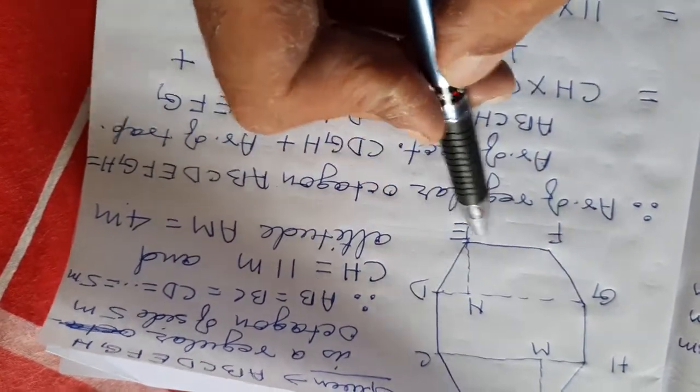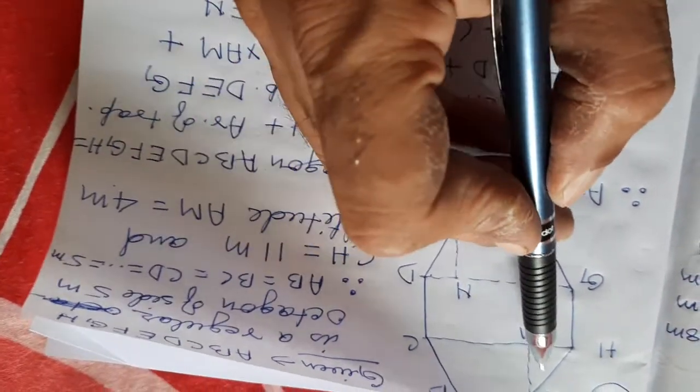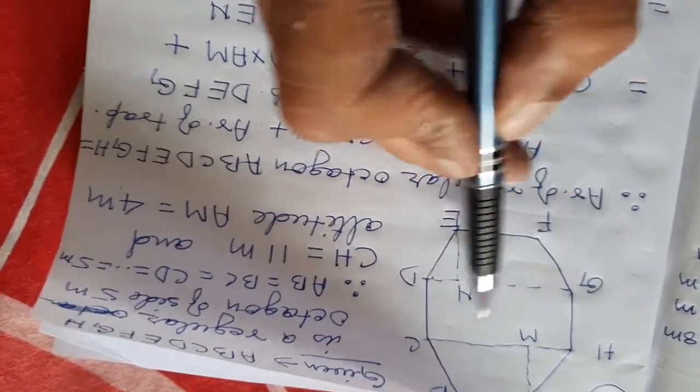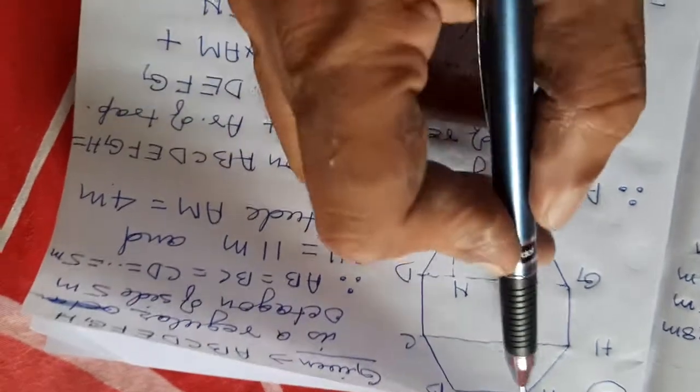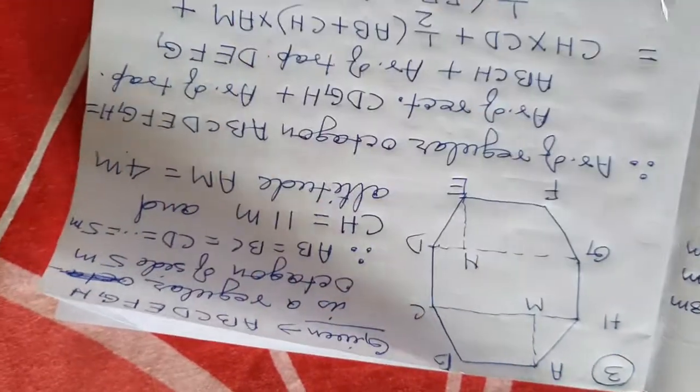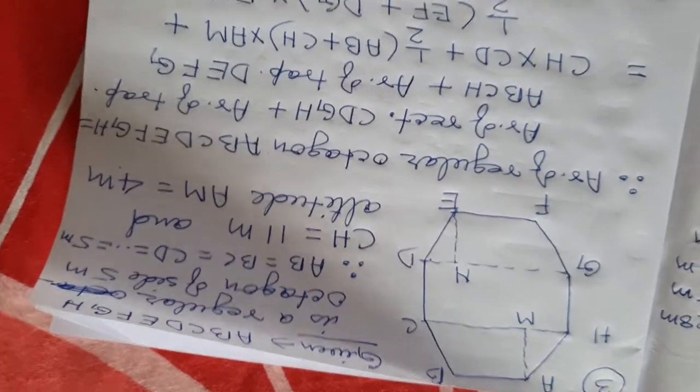The area of this trapezium plus the area of this trapezium plus the area of this rectangle is equal to the total area of this regular polygon.